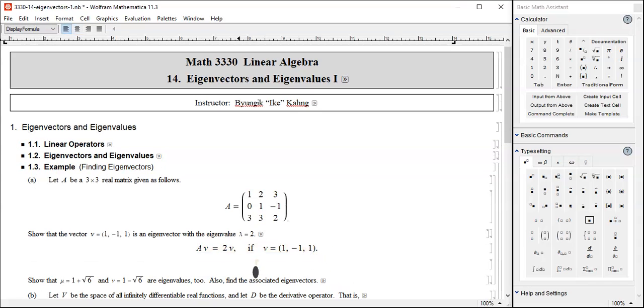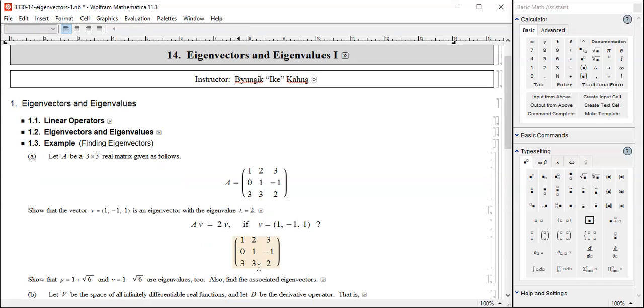In other words, let's write it like this. This matrix times (1, -1, 1) should be equal to 2 times (1, -1, 1).